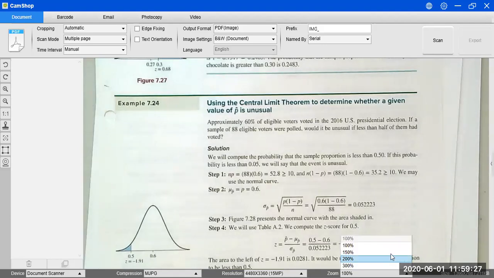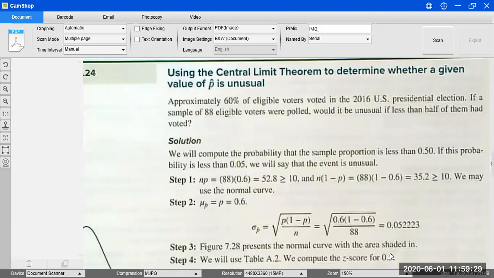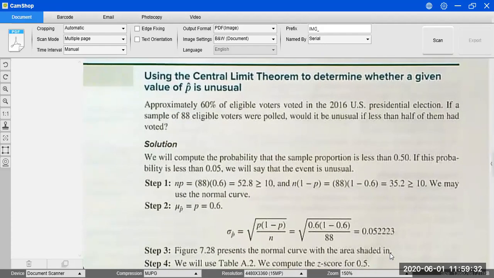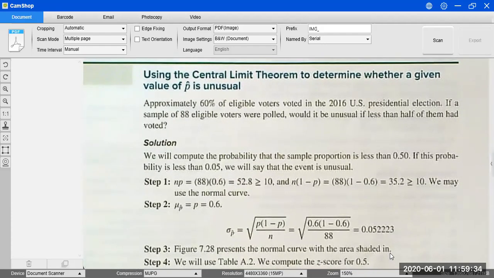So again, we need to find the probability and compare the probability to 0.05, which is the threshold to classify an event as unusual. So approximately 60% of eligible voters voted in 2016 US presidential election. If a sample of 88 eligible voters were polled, would it be unusual if less than half of them had voted? So let's work on this problem.